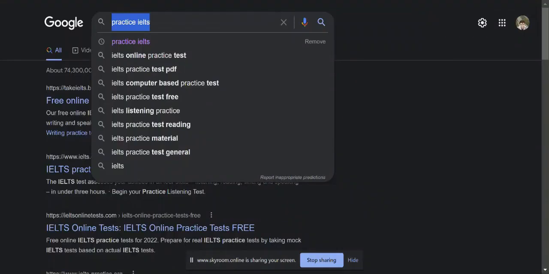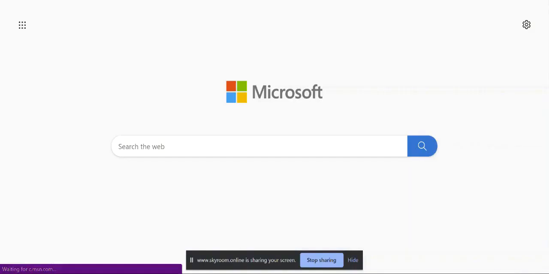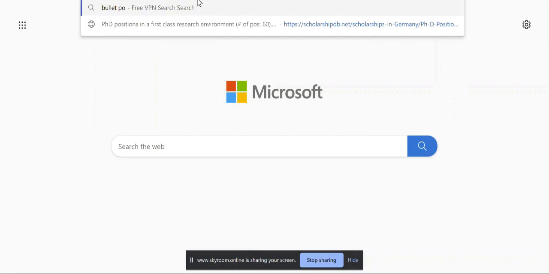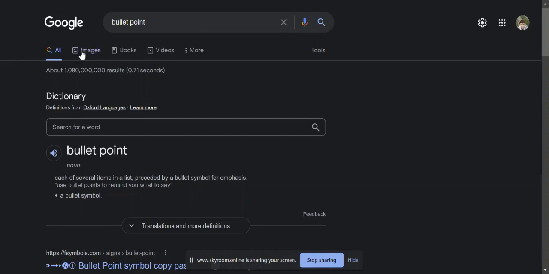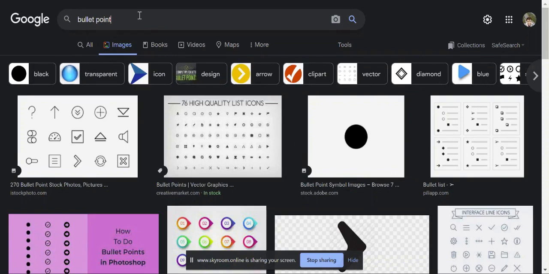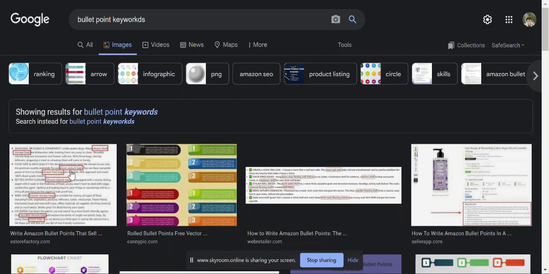What is a bullet point? Like this, exactly. Like keywords. Look, be aware, you have to do exactly like this.